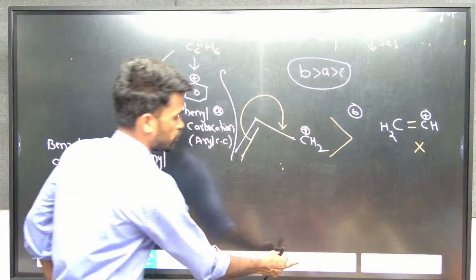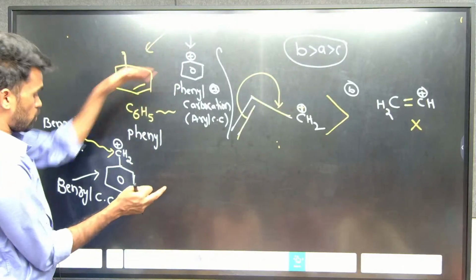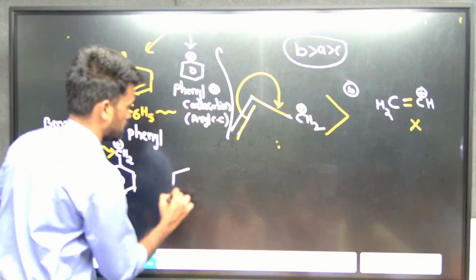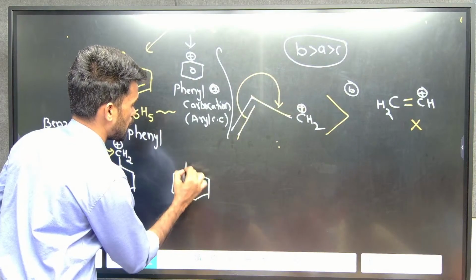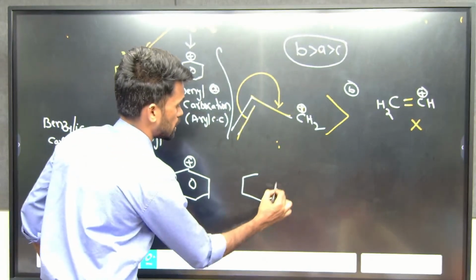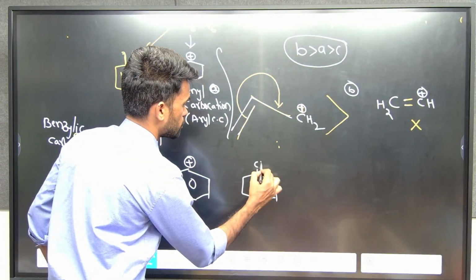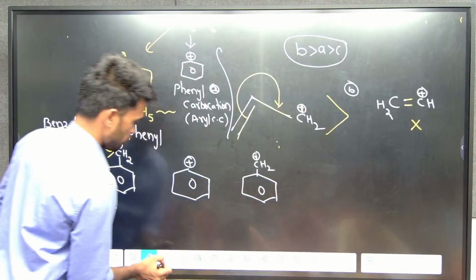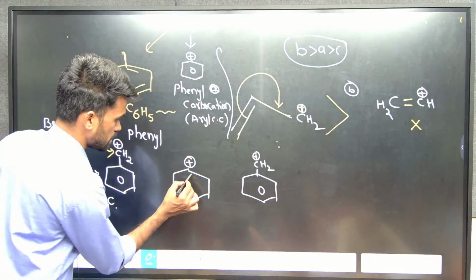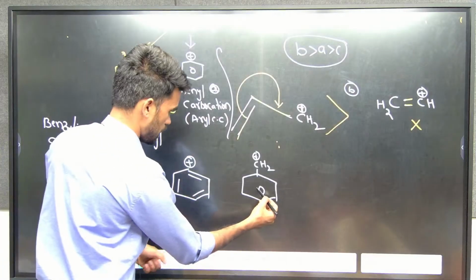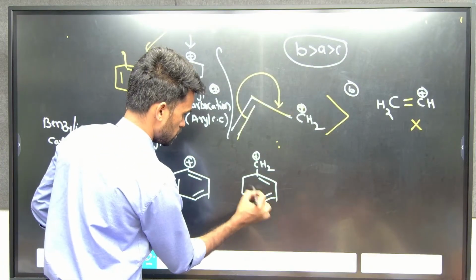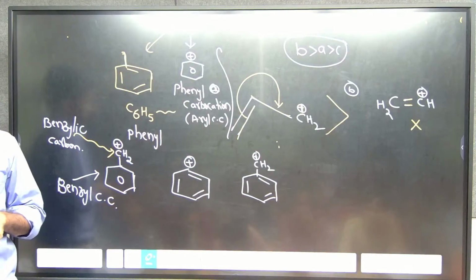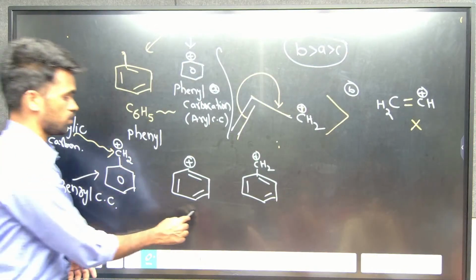Now they will give you four names. So phenyl carbocation and benzyl carbocation I am writing here. Between phenyl carbocation and benzyl carbocation, which is more stable, they will ask. For understanding, write these ring electrons like this. Which is more stable out of these two? A or B?